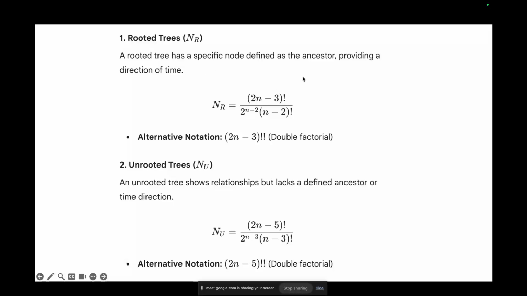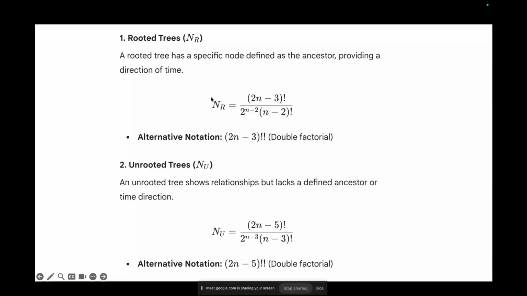I'm assuming you're familiar with the factorial representation. If not, please look it up. It's just that n factorial means n times n minus 1 times n minus 2 times n minus 3 till we go to 1. That is what the factorial means, but I think we already know that.